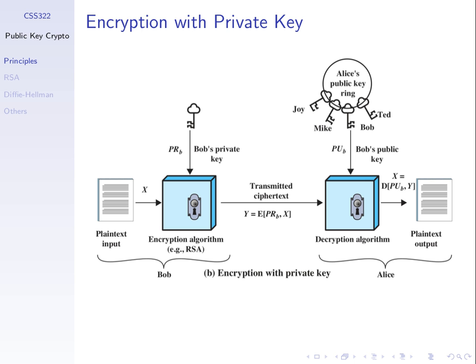Can Darth pretend to be Bob? No. Because if Darth sends a message to Alice pretending to be Bob, then Darth must encrypt that message with some key.